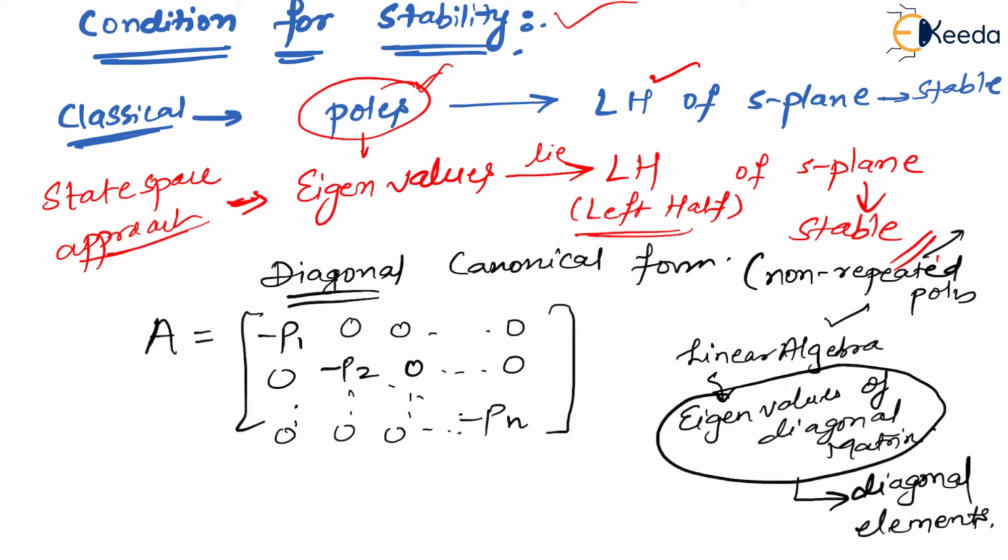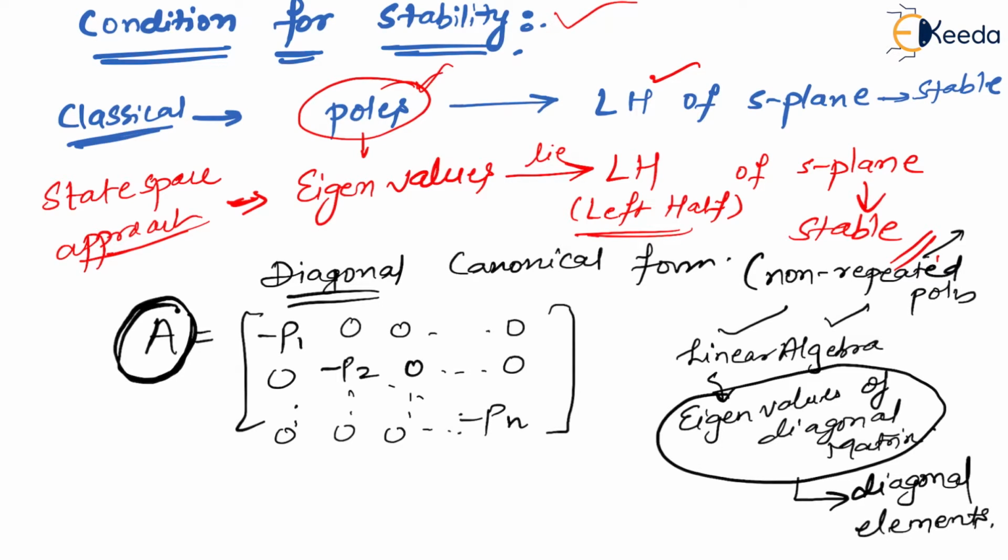Just see how beautifully we are linking everything here. We have studied stability in our transfer function approach, and we have studied matrices in linear algebra, and now we have seen the importance of the diagonal canonical form. This matrix A is also called the system matrix. Why?